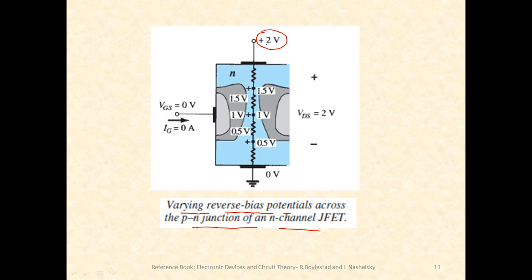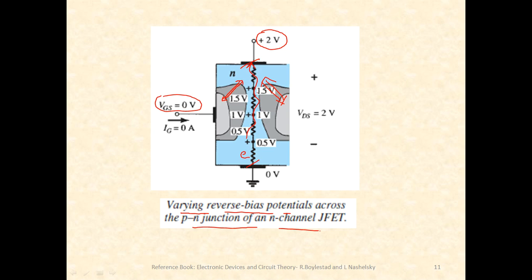When VDS is plus 2 volts and VGS is 0 volts, the depletion region at the drain end has increased. The width has increased, or the shape has got bulged. Now electrons have to move from source to the drain, and the channel offers some opposition. So throughout the channel, will the opposition be the same?